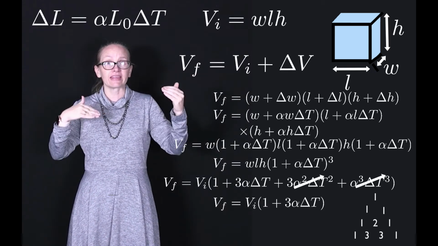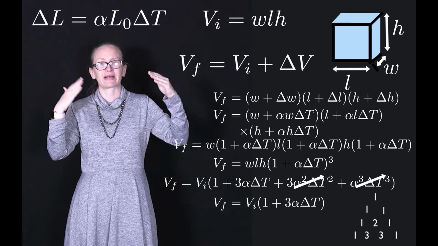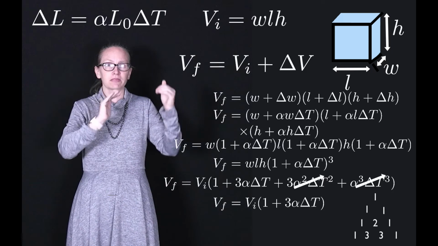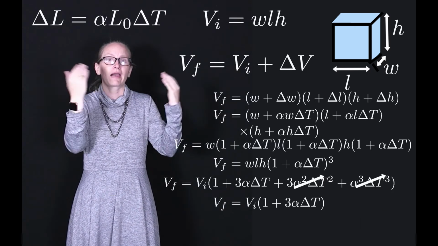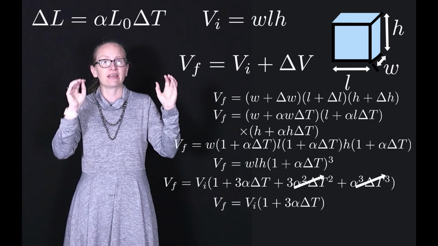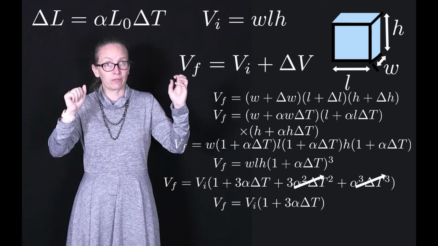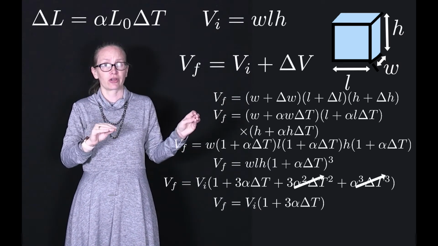So when we square this, that becomes of order of 10 to the minus 10, 10 to the minus 12. So it becomes quite small. So those higher order terms are small, and we've said this only holds over small delta T's anyway. So delta T is also relatively small.